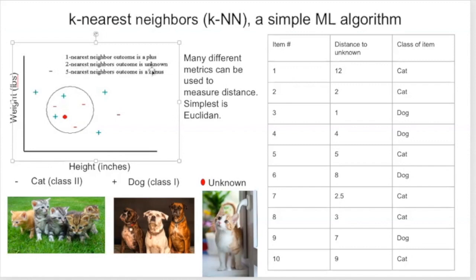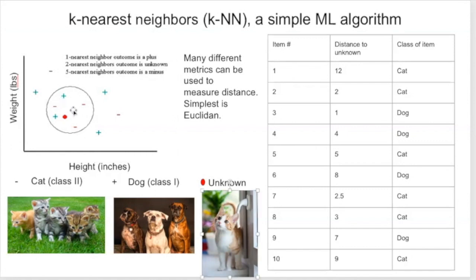How many minuses and how many pluses are there in the circle? There are 1, 2, 3 minus signs and 2 plus signs. And you say that because there are 3 neighbors that are cats, I think my animal is a cat and not a dog.